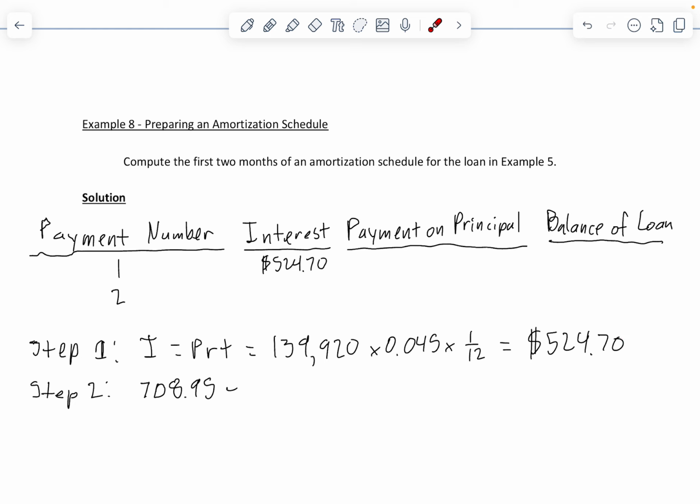So I'm going to subtract this number from $708.95. So $524.70, and that equals $184.25. Okay, and that goes right here.